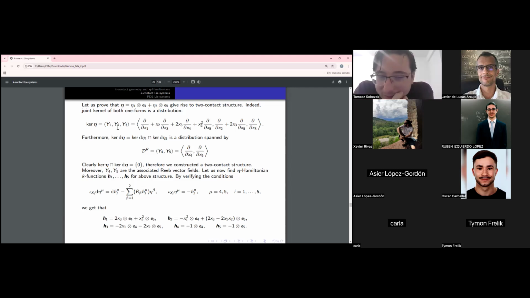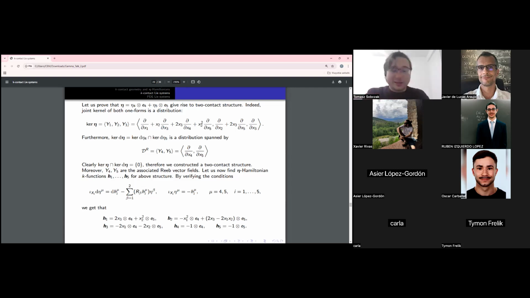Thomas, you are answering another question, not the one Ruben asked. I will resume. The answer is yes. If you have a K-contact Lie system and you have an eta form, this eta form defines a contact distribution. So any other K-contact form defining the same K-contact distribution will turn your initial K-contact Lie system into a K-contact Lie system too. Why?